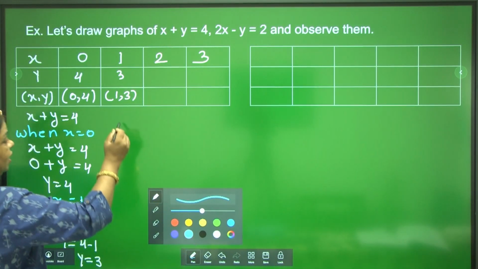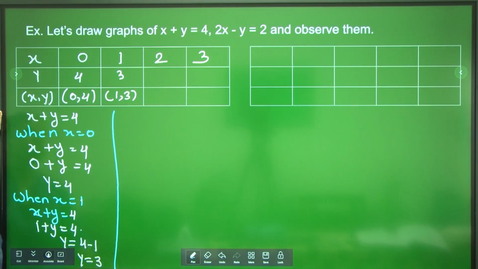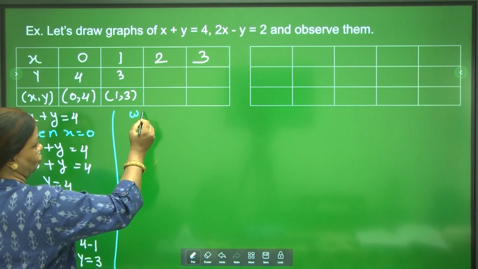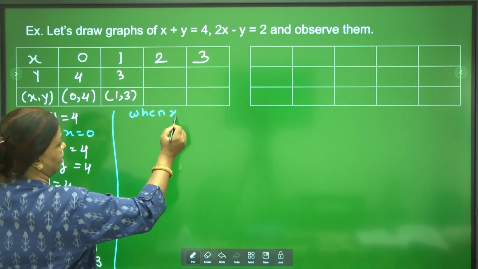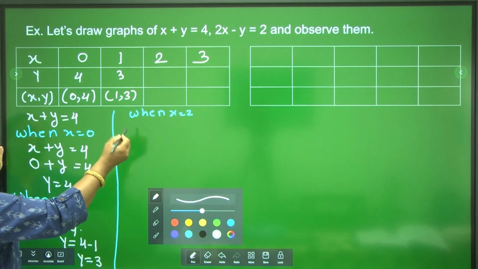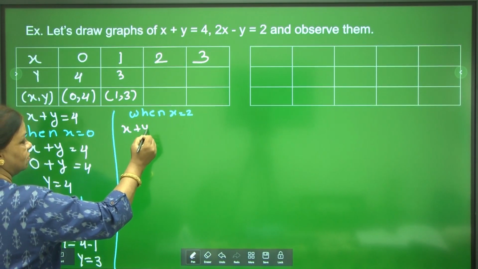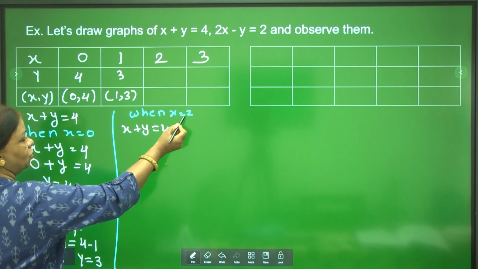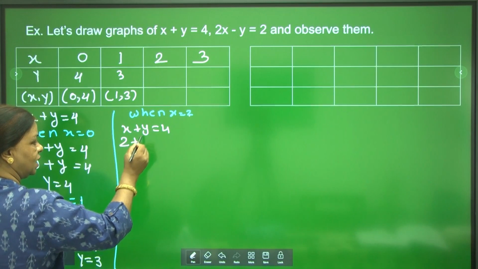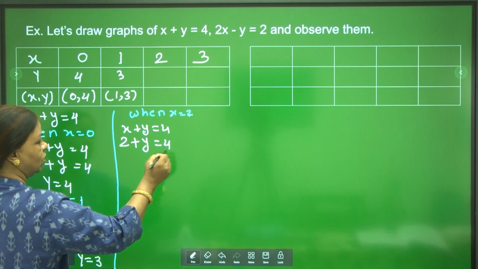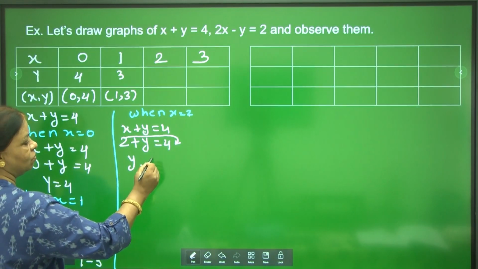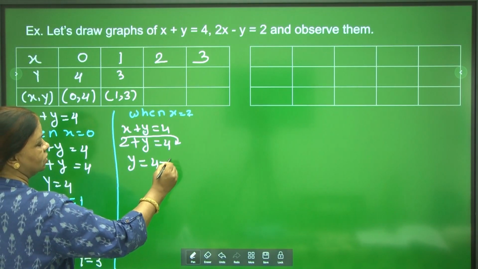And when x is equal to 2, your equation is x plus y is equal to 4. So in place of x you will write 2, then plus y is equal to 4. Now this 2 will come here, and so y will be equal to 4 minus 2.